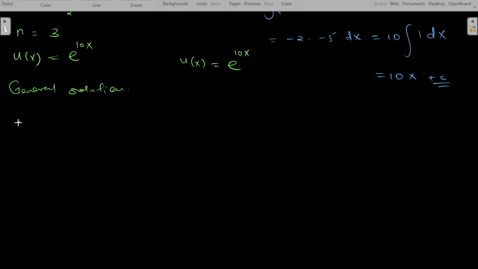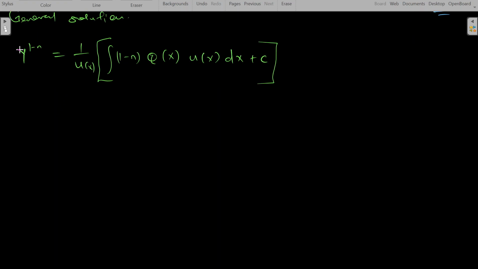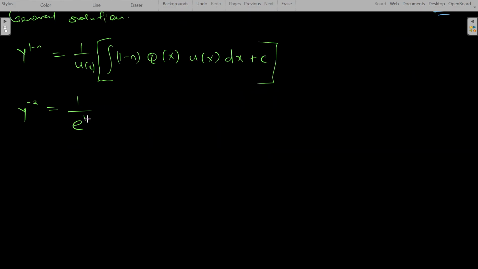Our general solution is y raised to (1 - n) equals 1 over mu(x), multiplied by the integral of (1 - n) multiplied by q(x) multiplied by mu(x) dx, plus a constant of integration. So this is just y raised to -2, because our n is 3. Then 1 upon mu(x), which is e raised to 10x.